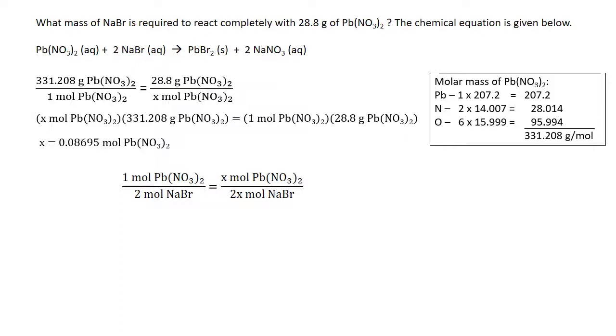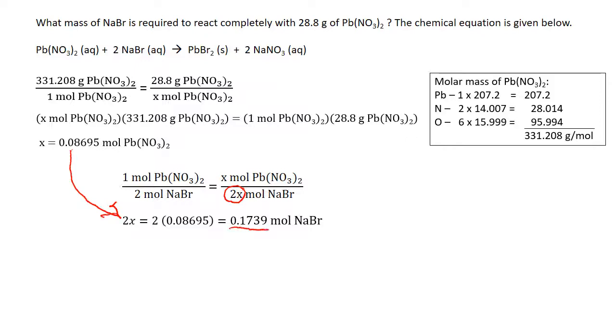Now we can plug that X into our mole ratio equation. Actually, it's even simpler than that, since we know that if we have X moles of lead nitrate, we must have 2X moles of sodium bromide. So we can simply take the X moles of lead nitrate and multiply by 2.